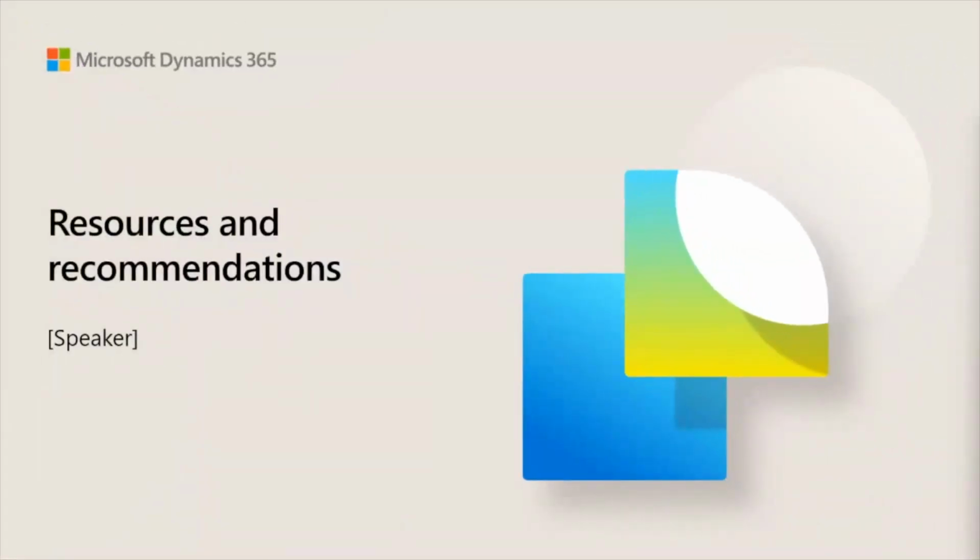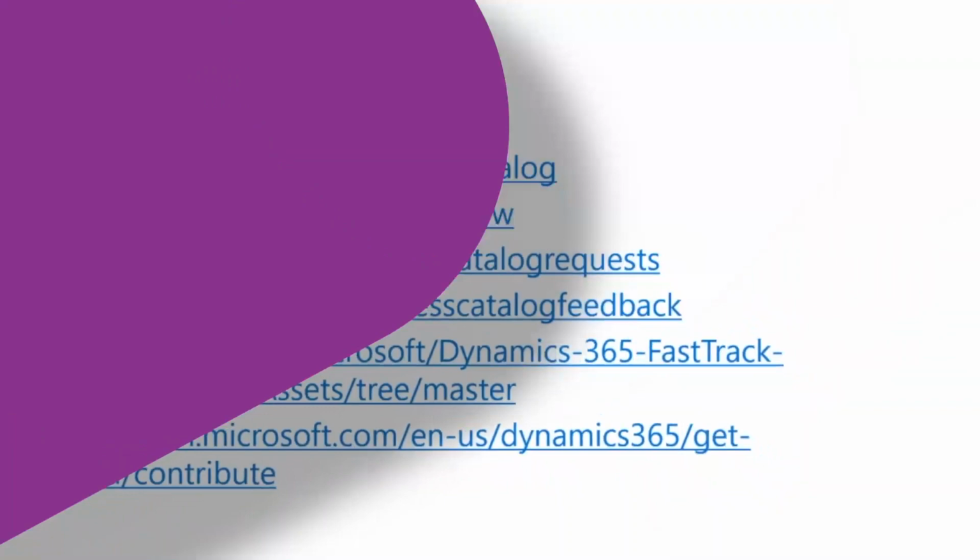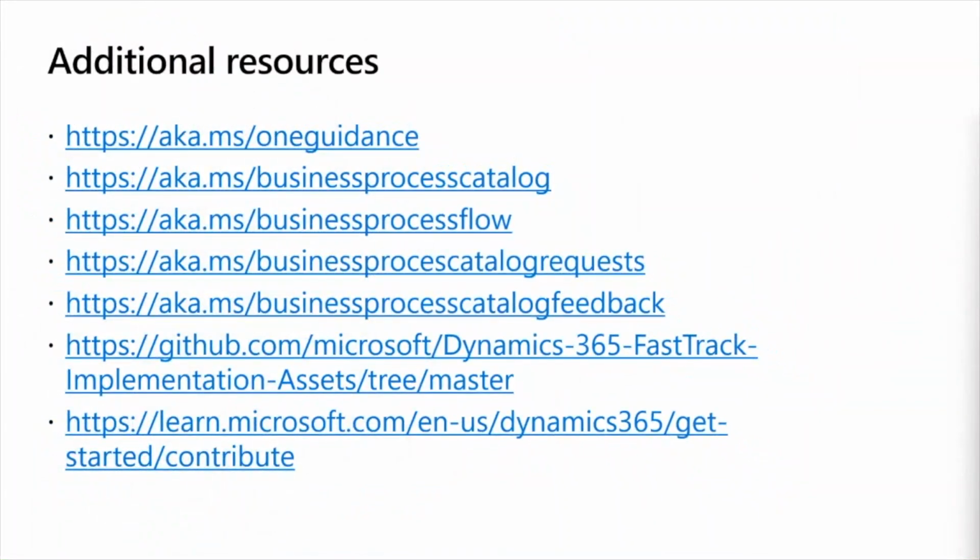But what I want to do is switch gears to some of those resources and recommendations. So here on the slide, I've given you most of these, but some of these I have not discussed already. So the first one is aka.ms/onguidance. This is the hyperlink that I used in my demonstration today to actually take you into the Guidance Hub.